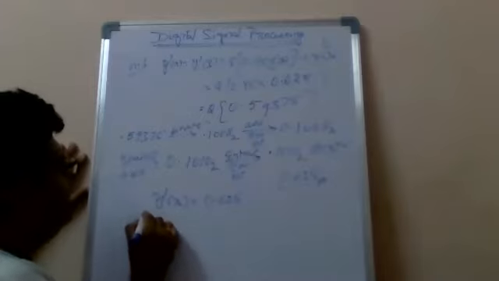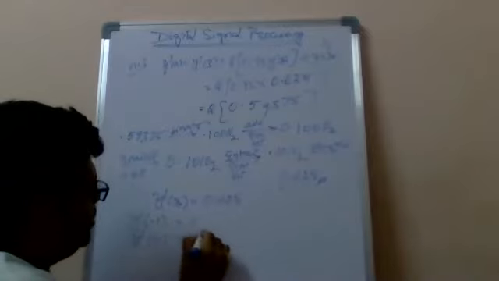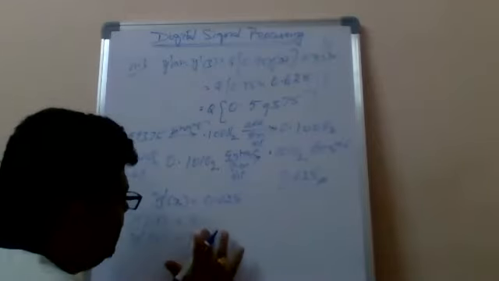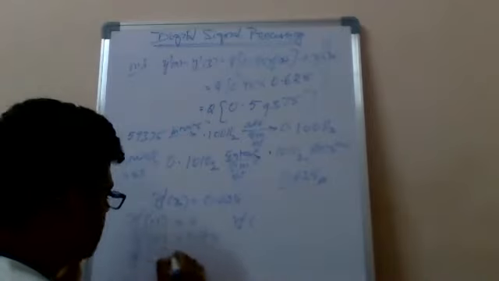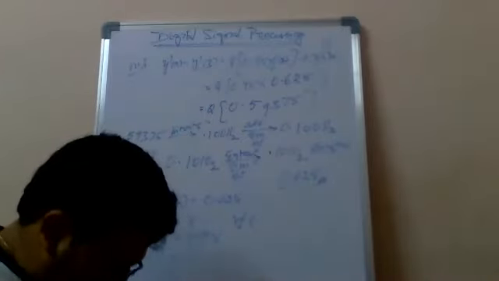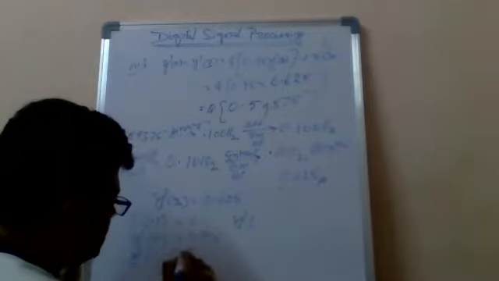If you observe carefully, your y dash of minus 1 is 0. Your y dash of 0 is 0.75. Your y dash of 1 is equal to 0.6875.